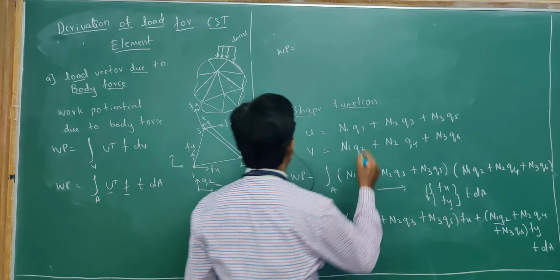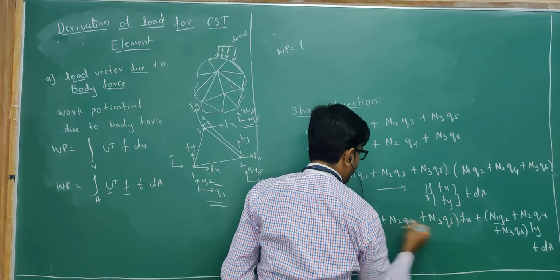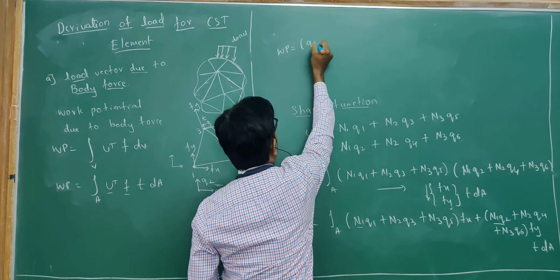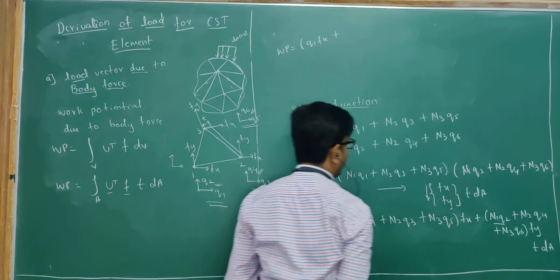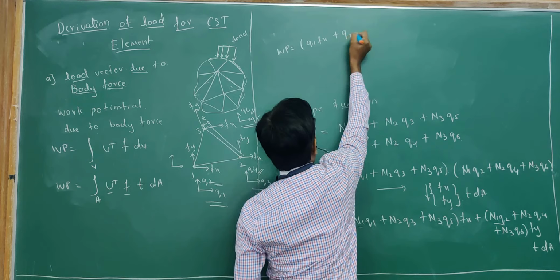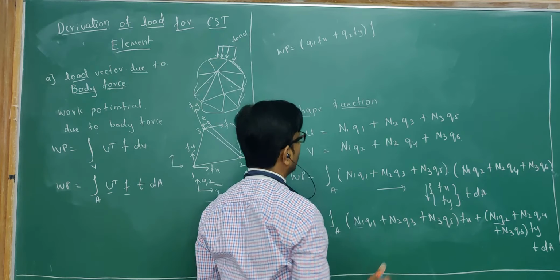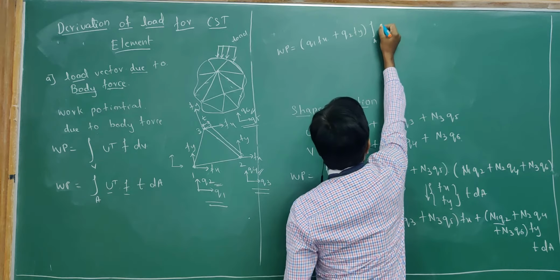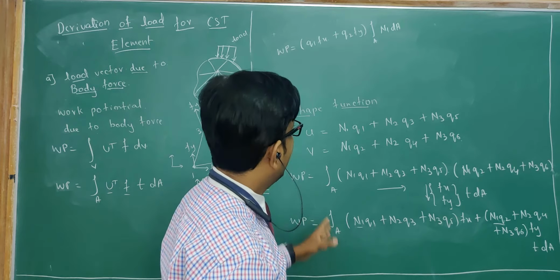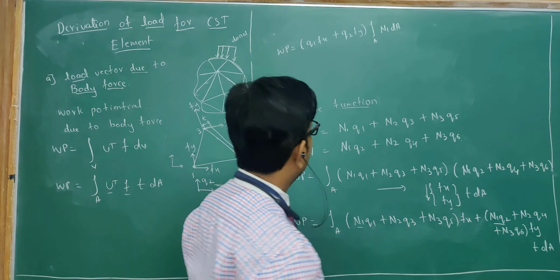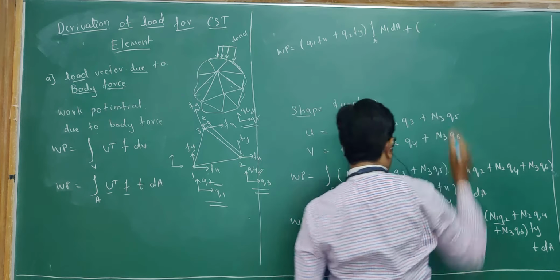If I take N1 as a common, we will be having Q1 into Fx plus Q2 into Fy into integration. Integration is a common term with respect to A, N1 into D. So similarly, we will be writing it for the other terms, plus integration, we will be taking N2 common now.